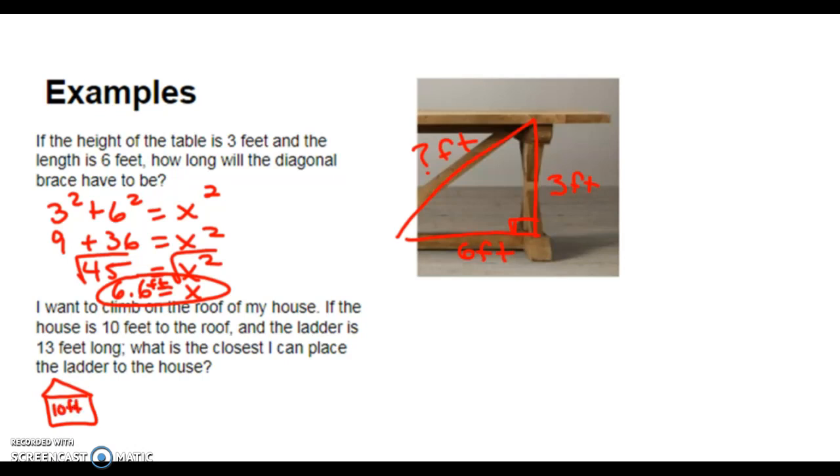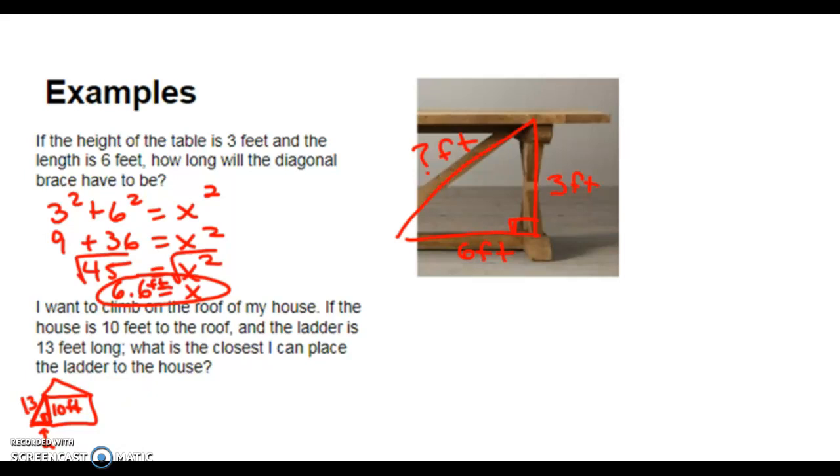The ladder is 13. It's leaning up against the house. We want to find what this distance right there is. So here's our right triangle, and we have to figure out one of the legs. How far is the base of the ladder from the house?